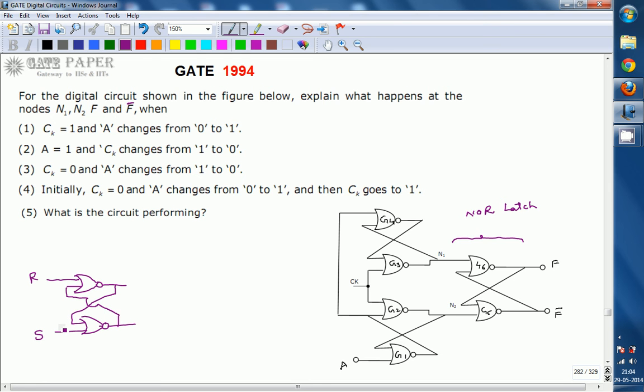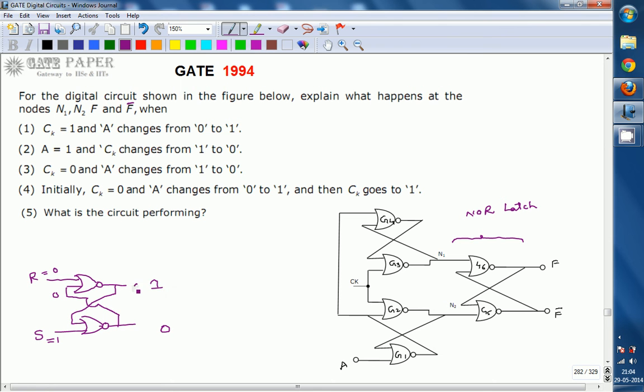The output will always be 0, because 1 plus anything is always 1 in digital, and 1 bar is 0. So if you make S equal to 1, the output of this gate will become 0, and that 0 comes over here, and 0, 0 gives you 1.